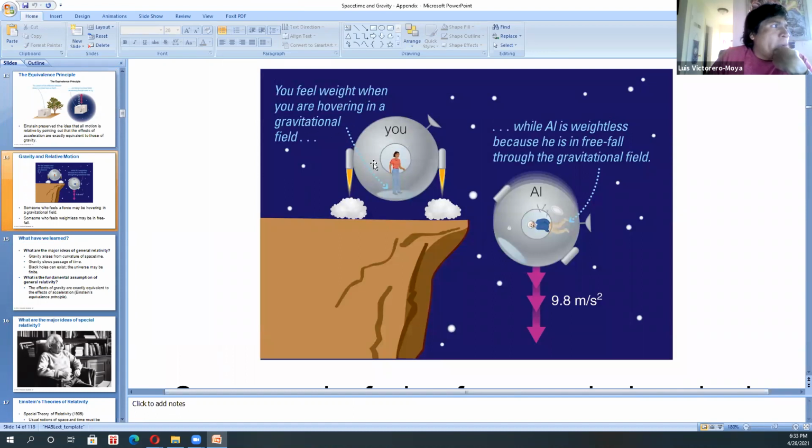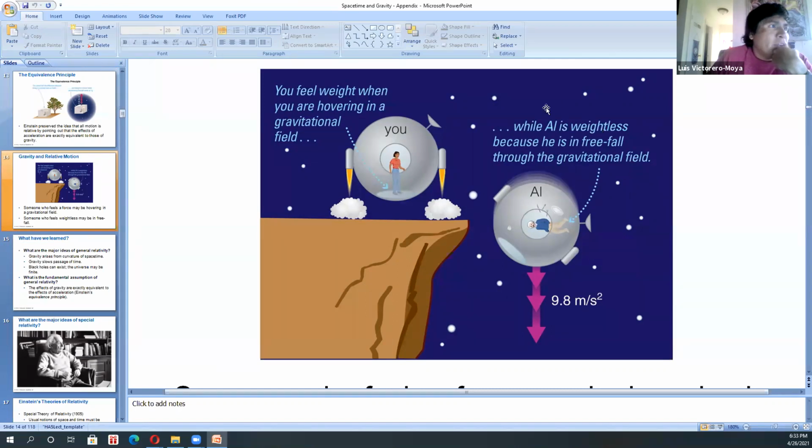The way that you feel hovering in a gravitational field, right? And then you can compare it to the one by Al when he's in free fall through the gravitational field, all right? You can, basically, create an artificial gravity, right?